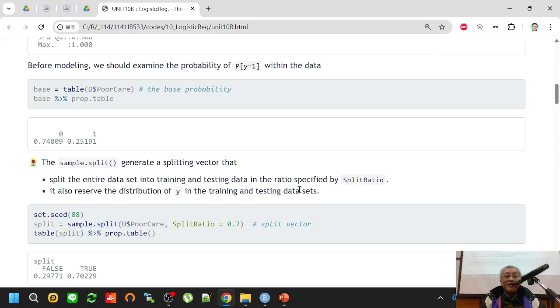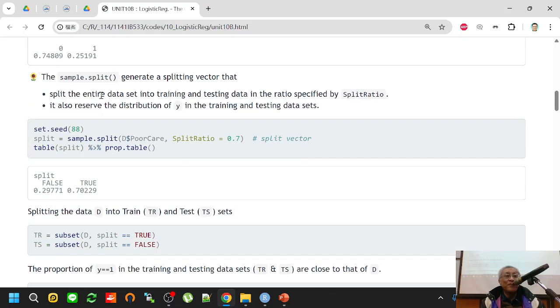Now, as I told you, in modern data science, before we train the model, we want to reserve some data to test the accuracy of the model.